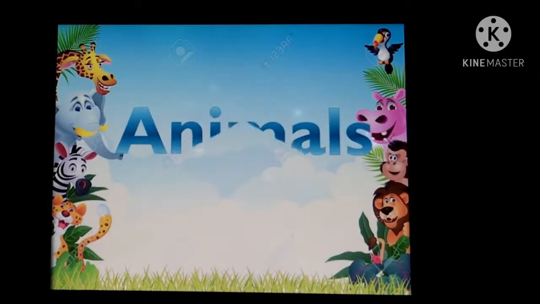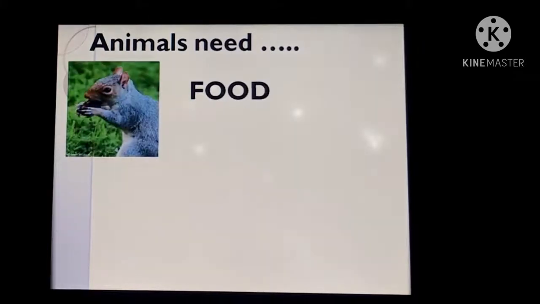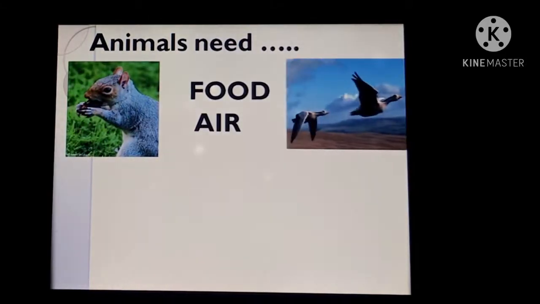Our topic for today is all about animals. How do we spell animals? A-N-I-M-A-L-S, animals. What are the needs of the animals? The animals need, first, the food. They need something to eat. Next is the air to breathe in.